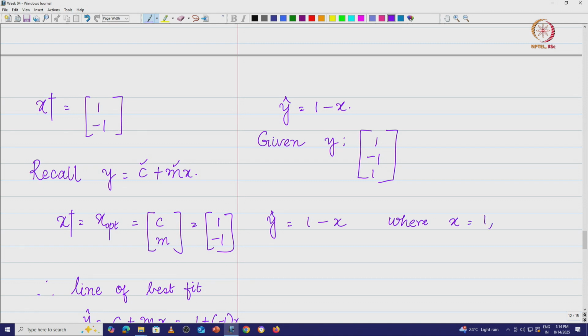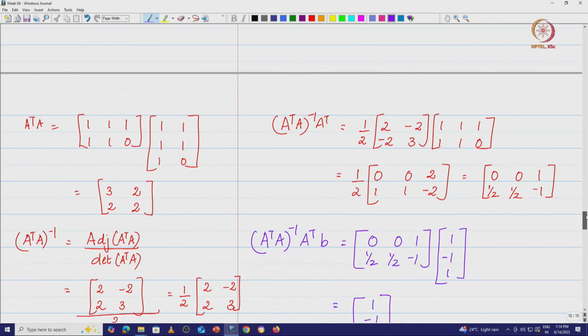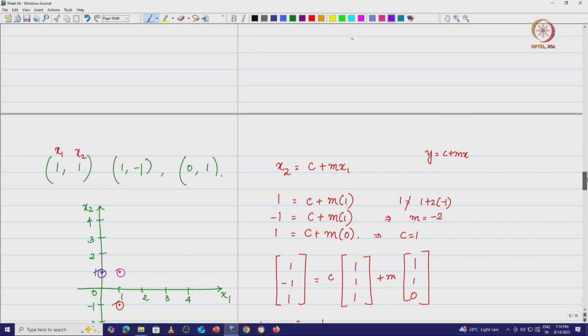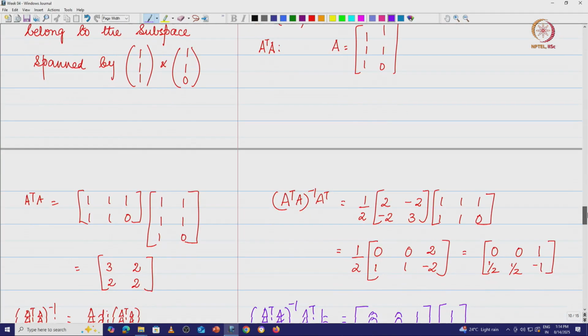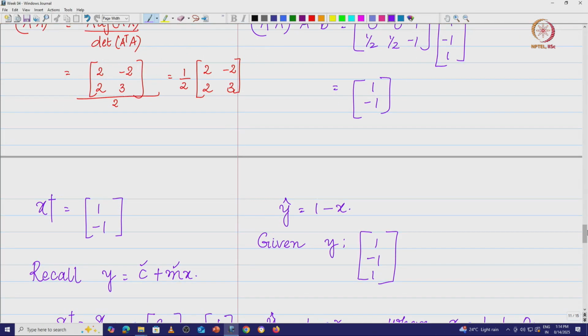This is what we had, right. You can quickly check that out. So, the equations are 1 1 and 0. So, we have x 1, x 2. So, we will take x 2 hat is equal to 1 minus x 1 hat.